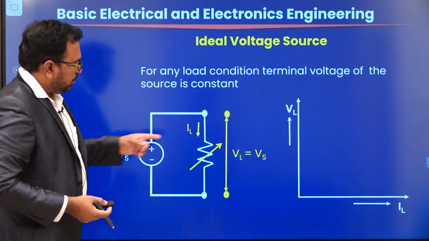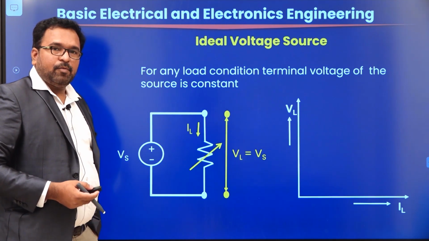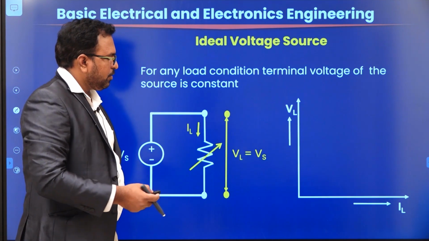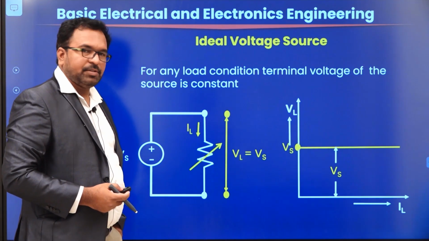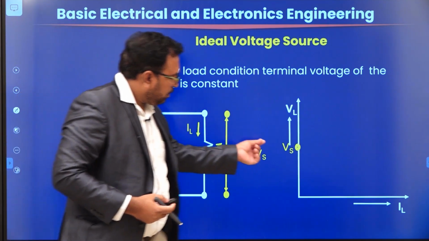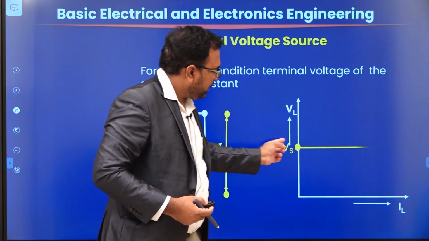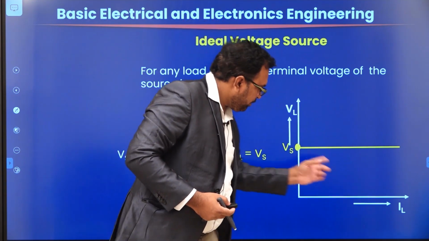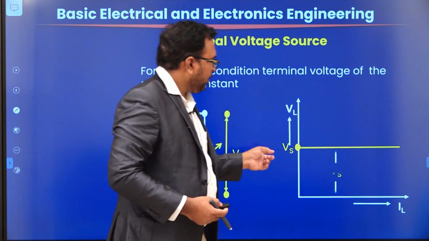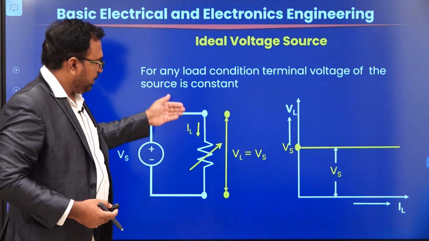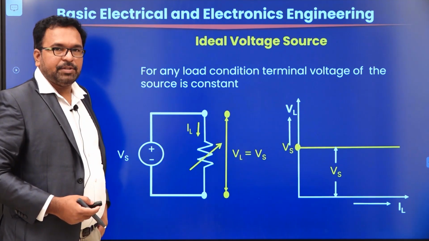Suppose I draw the graph between terminal voltage and current. If you see here, when you increase the current, the voltage remains constant. Whatever the current through the circuit, the voltage is constant at Vs. So this is how the voltage is kept constant in an ideal voltage source.